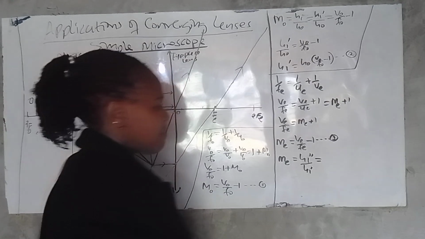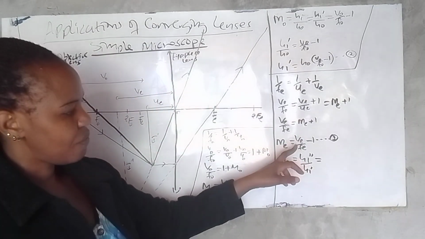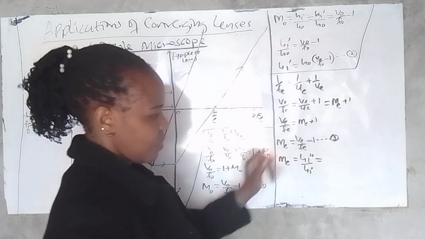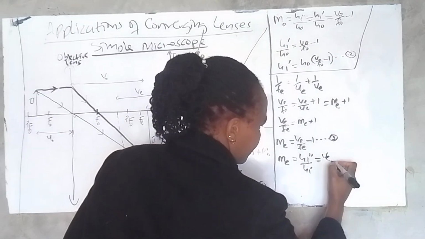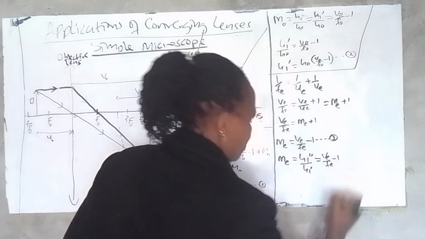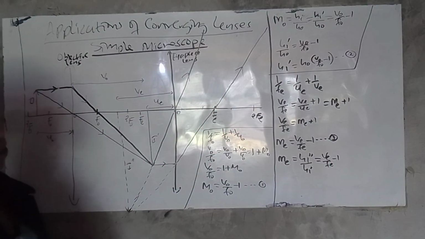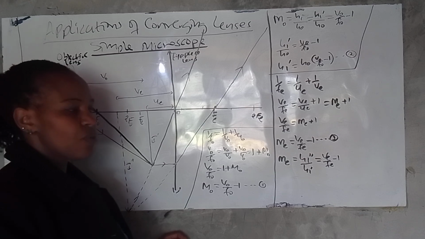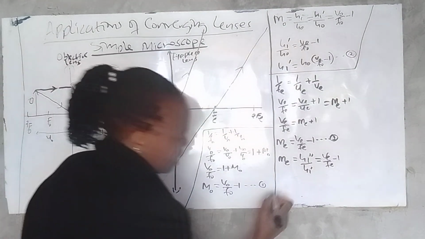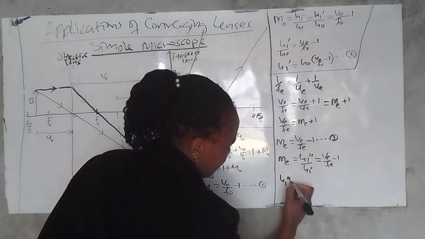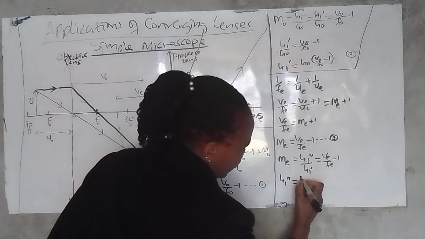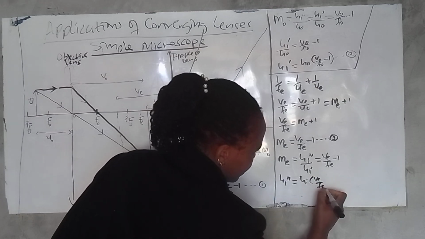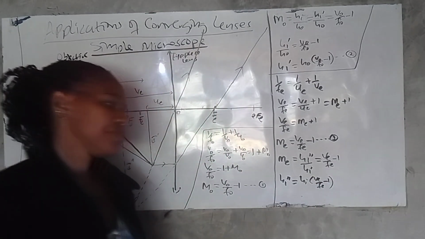And that should give us VE over FE minus 1. This is that, so this is also that. So we are almost there. So what is the height of I prime prime? Height of I prime prime equals HI prime into VE over FE minus 1.